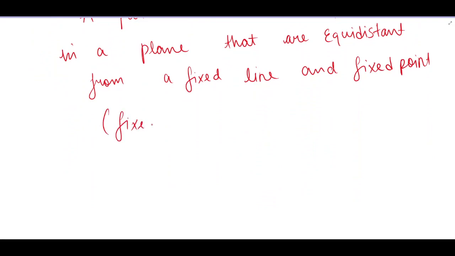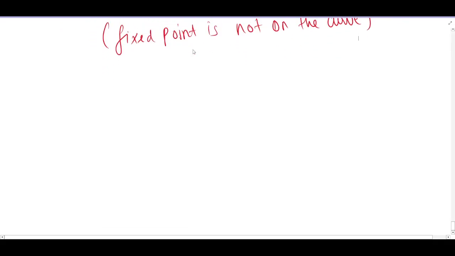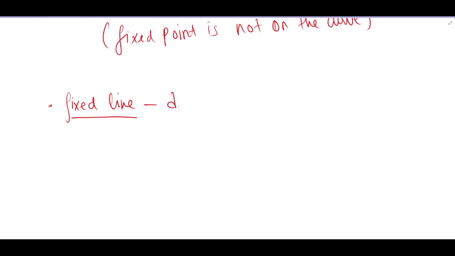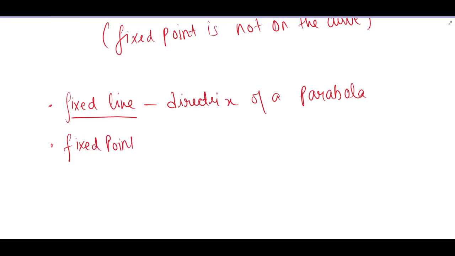The fixed line is called the directrix of the parabola, and the fixed point is known as the focus of the parabola.